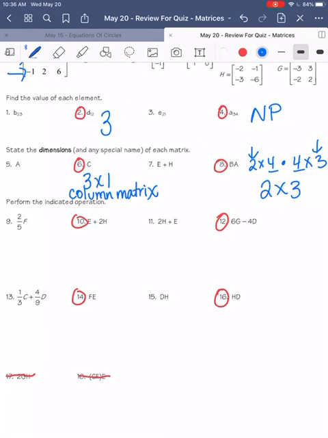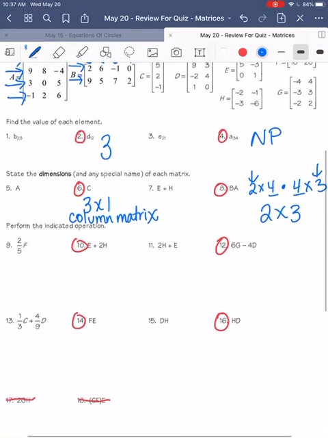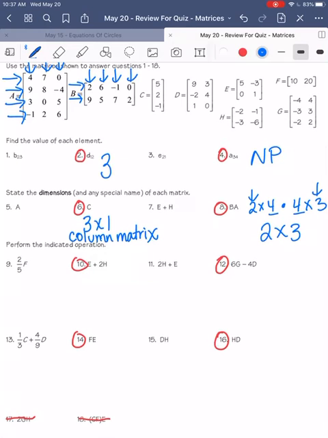Again, you need to be careful. Sometimes these might not be possible. So the first thing we always need to ask ourselves is, can we do it? Let's look at number 10. Number 10 is saying add E plus 2 times H. If we're adding or subtracting, remember the dimensions have to be the same.